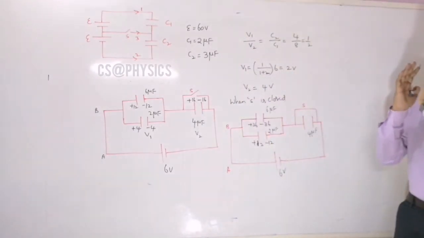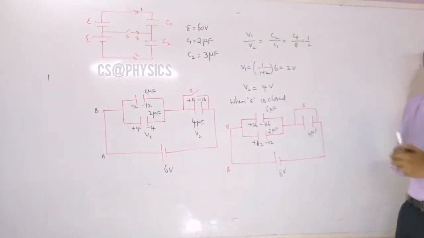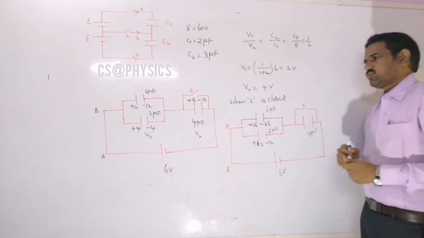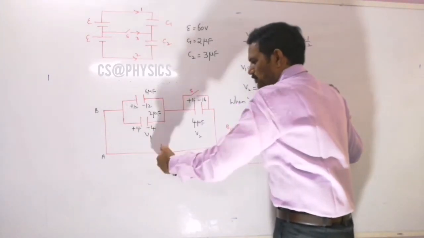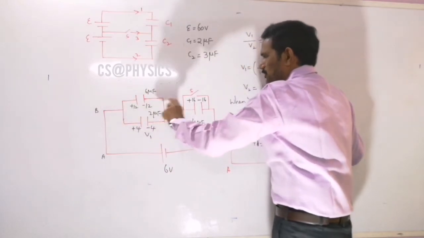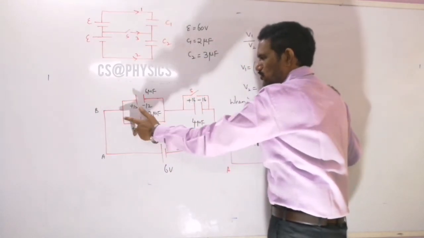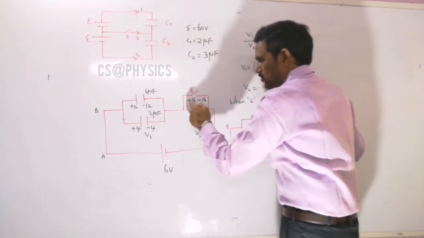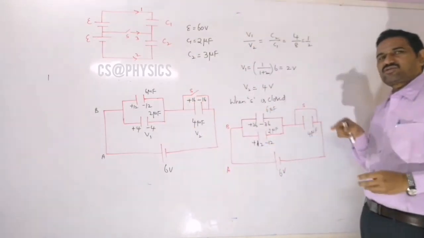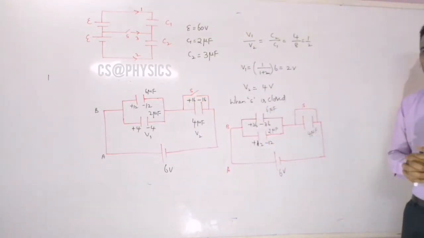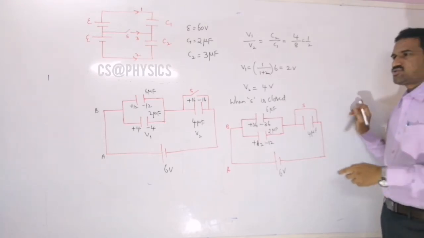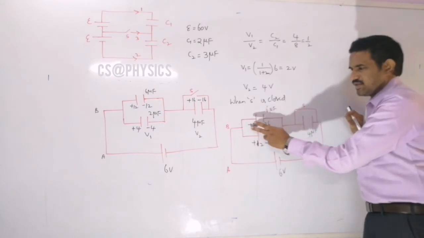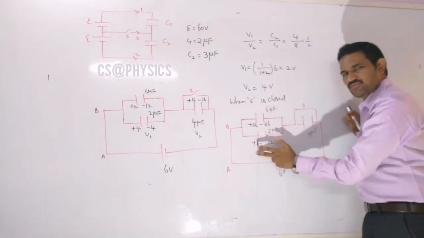Just observe the circuit before closing and observe the circuit after closing. When the switch is open, the charge flowing from this battery will be only 16 microcoulombs, which is nothing but 12 plus 4, the total charge. Now once the switch is closed, you can observe that here it is 36 and plus 12, right?